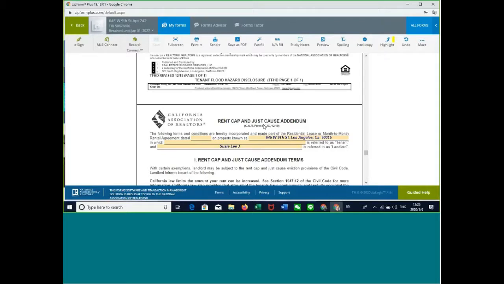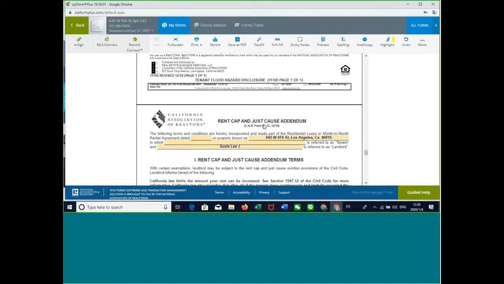So in 2019, State of California passed a law that now places a cap on the amount of rent increase a landlord can have every year. And also, the Tenants Protection Act of 2019 places restrictions on when a landlord can terminate a tenant's lease.